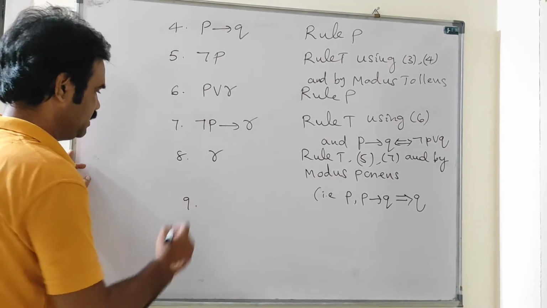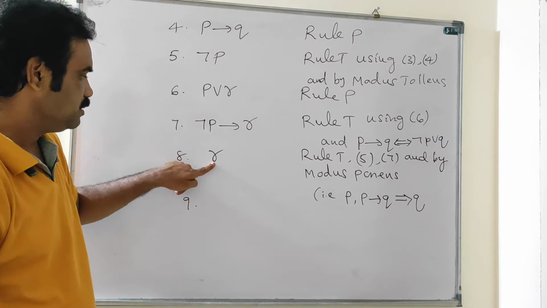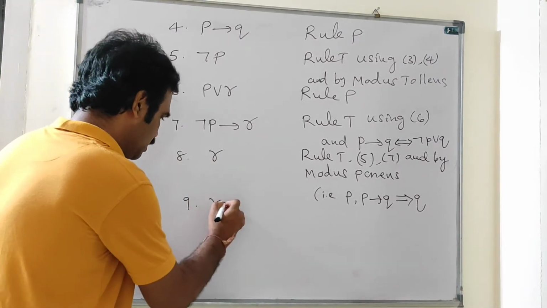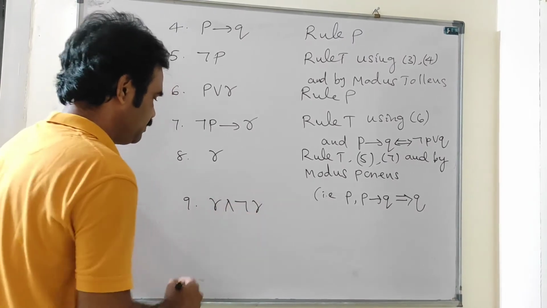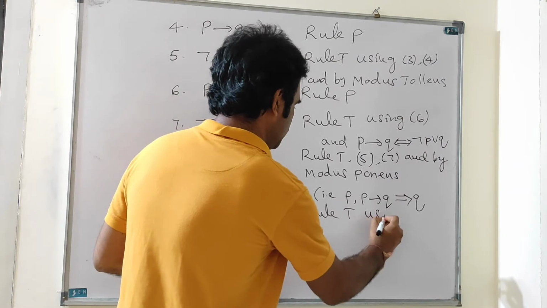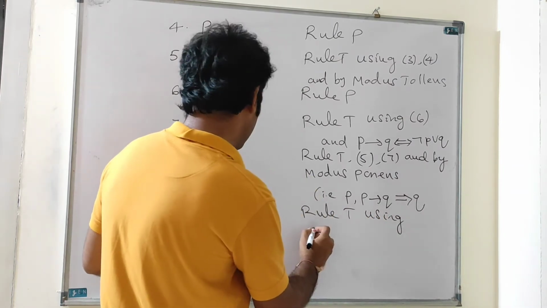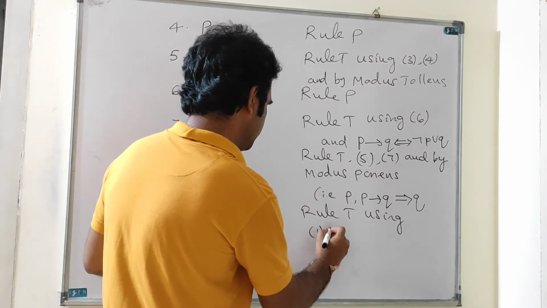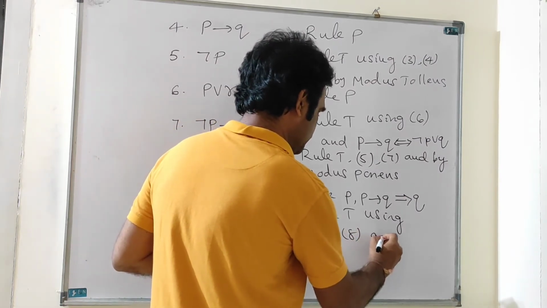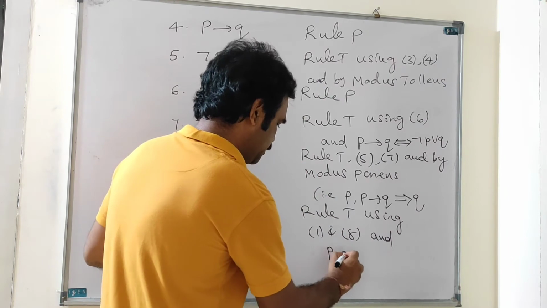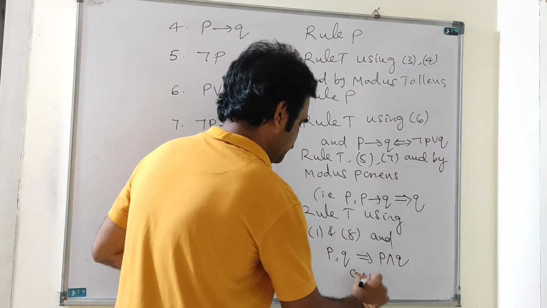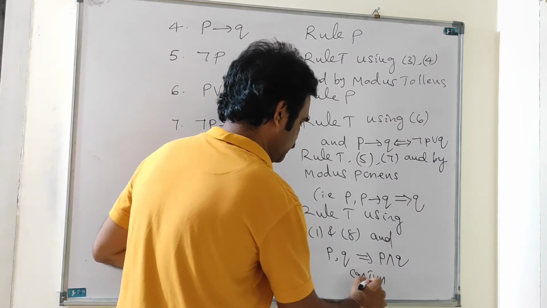See the next step. Here the eighth step is R and the first step is negation R. From this you get R and negation R. Rule T, using 1 and 8. The reason is P, Q imply P and Q. That is the conjunction rule.